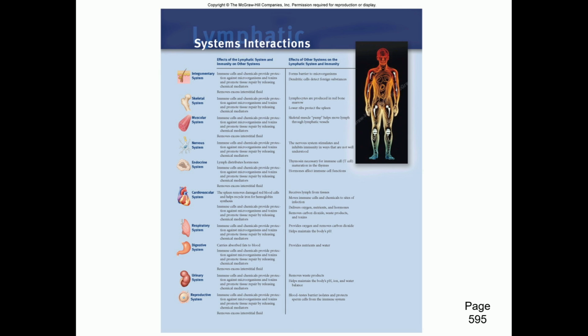Provides oxygen and removes carbon dioxide, helps maintain the body's pH. And next, we have the digestive system. Provides nutrients and water. Next, we have the urinary system. Removes waste products, helps maintain the body's pH, ion, and water balance.